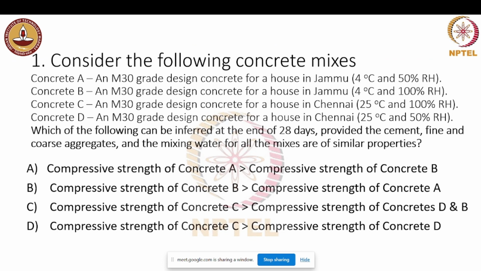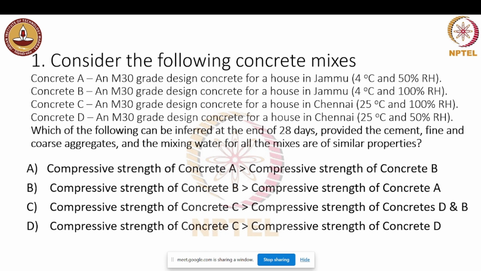Consider the following concrete mixes. We have four types of concrete, all M30 grade. First is M30 grade concrete designed in Jammu at a temperature of 4 degrees Celsius and 50% relative humidity. Second type is designed in Jammu at 4 degrees Celsius and 100% relative humidity.